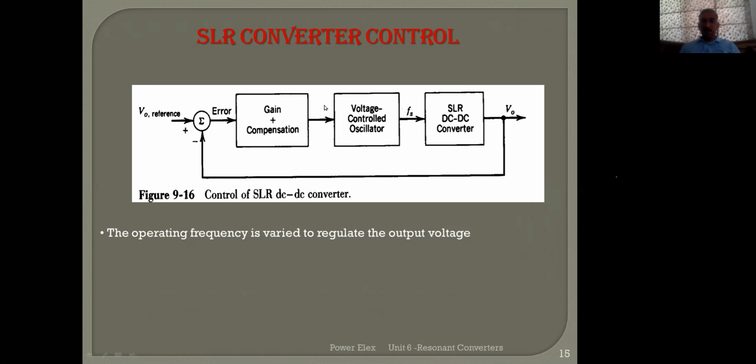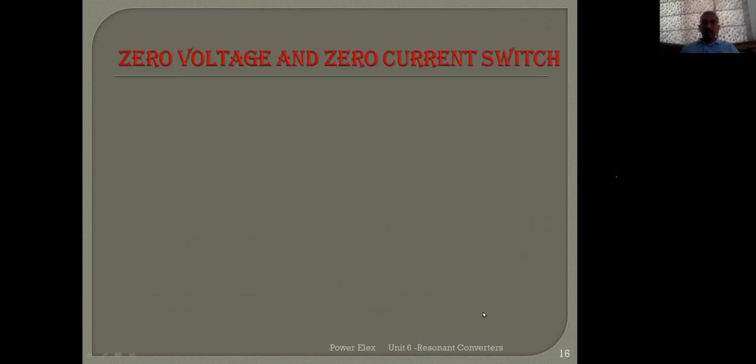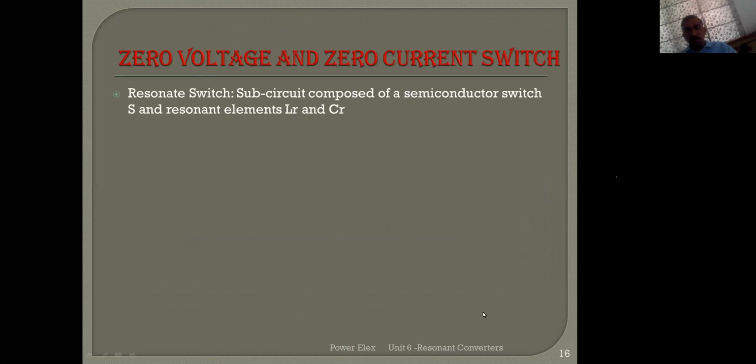Pass this to the VCO and get a switching frequency for the SLR DC to DC converter. And this SLR DC to DC converter means the typical power circuit of the complete setup, which involves power switches, LR and CR. So what we get is a V0 from this. This is how we typically build the SLR circuits.